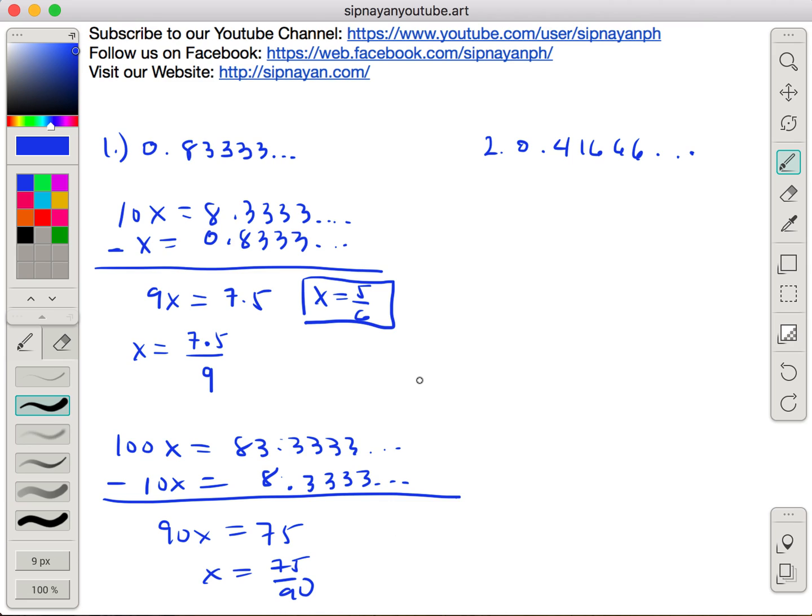Nakikita nyo, syempre, mas malaki yung minultiply nyo, mas makakaiwas kayo dun sa decimal numbers na sasagot niyo. Okay, so but either way, both are correct mathematically, and I think pareho lang naman din. Halos pareho lang sila kabilis, no? O yung length nila.